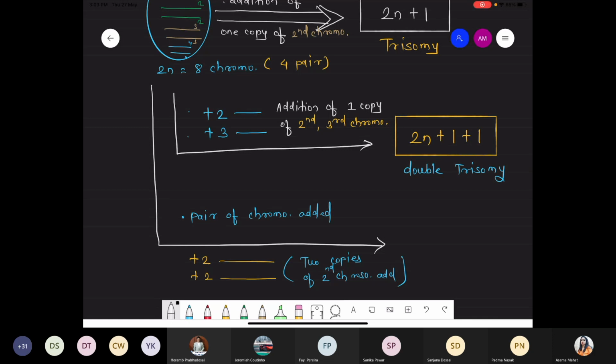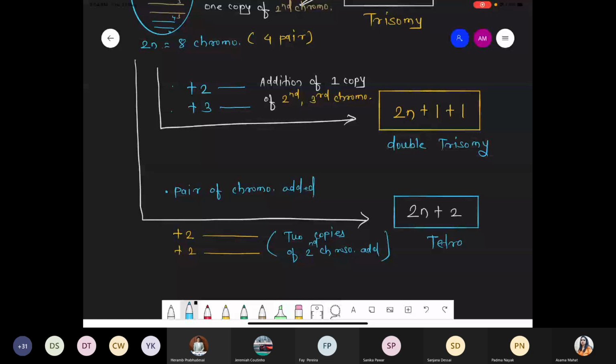So how will we represent it here? The organism is already diploid, so that is 2n plus 2. Why are we writing 2 plus 2? Because both copies belong to the same chromosome. They are not different chromosomes. So that's why we represent it as 2n plus 2. Such a condition is called tetrasomy. The organism is already diploid, but again 2 copies of the same chromosome get added.